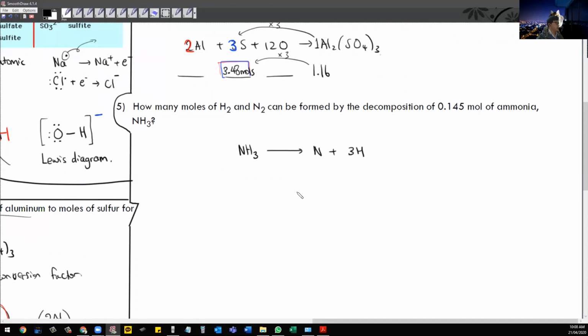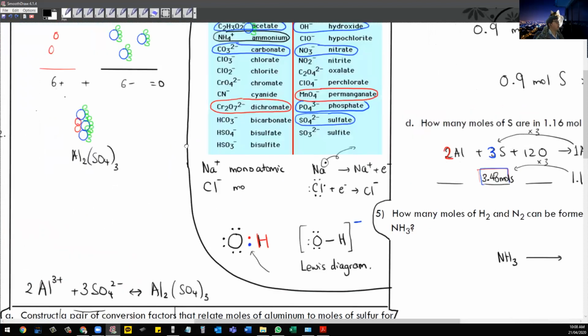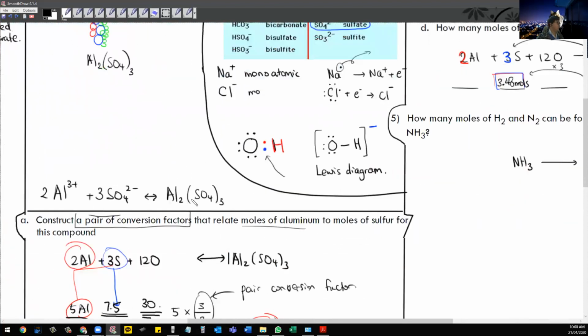But like I said before, if you're just concerned about the number of atoms, then you can do that. However, chemical equations, like for example aluminium sulfate, when it actually decomposes, it decomposes into aluminium ion and sulfate, this polyatomic ion.